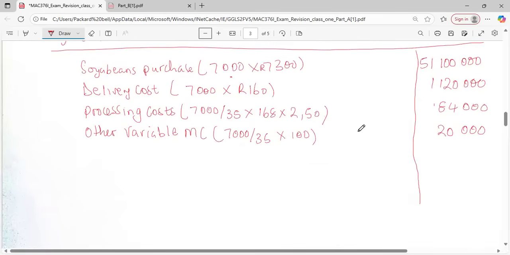And the other thing is time. I know time is a problem. When you are answering your question in the exam, there is no way you can finish the exam. That one is not possible. I will just say it's impossible. So what you should do, make sure that you select the questions that you understand from the question paper, then answer those ones.